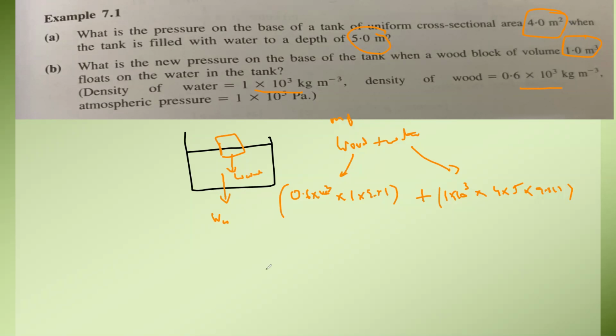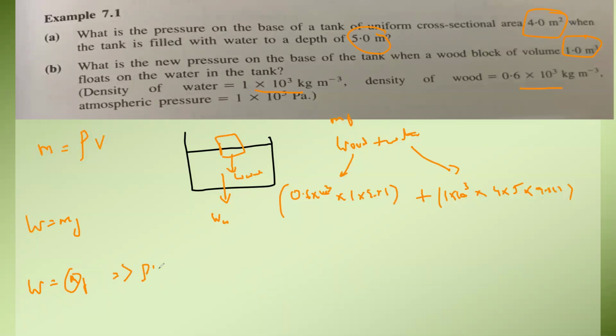Why are we taking volume, not area? Because density is equal to mass divided by volume, so mass is density into volume. And weight is equal to mass into gravity. So if I need the weight of an object, it will be the mass into gravity, and the mass is density into volume.